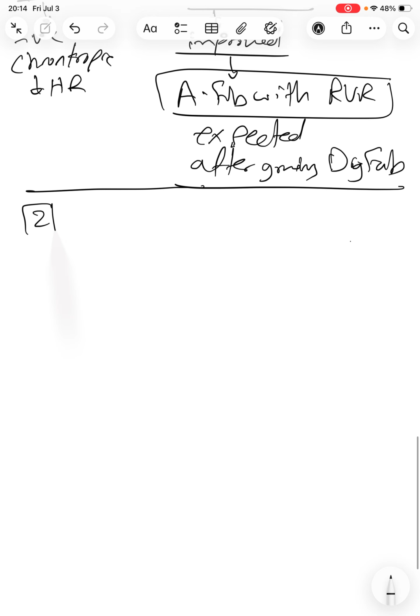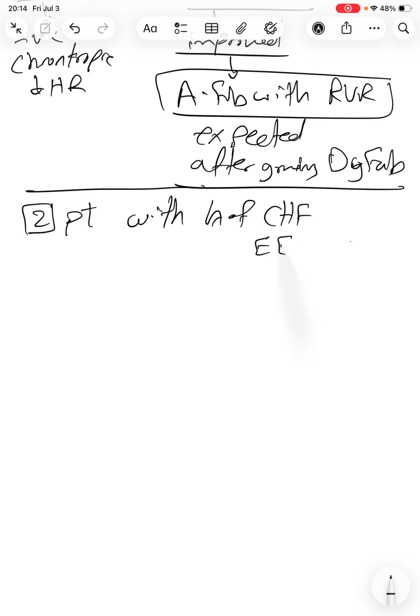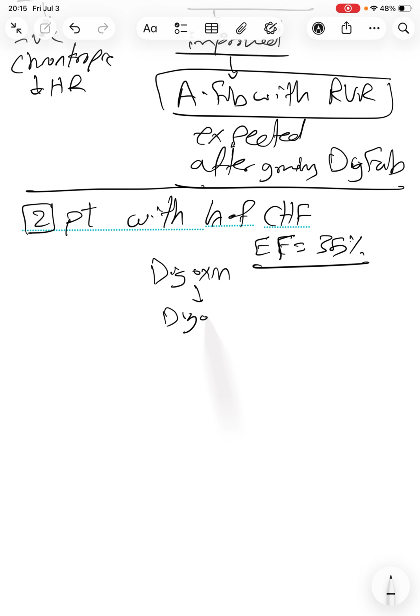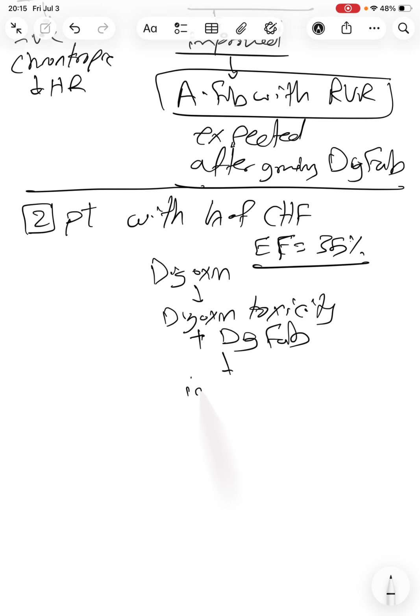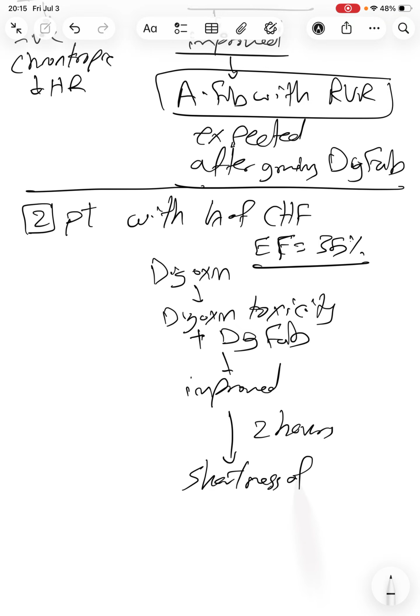The second scenario: you have a patient with a history of CHF with an ejection fraction of 35%, taking digoxin, and the patient had digoxin toxicity. You give the patient Dig Fab and the condition improved, and after 2 hours the patient started having shortness of breath, and the chest x-ray shows pulmonary edema.